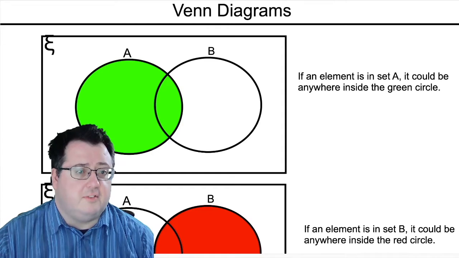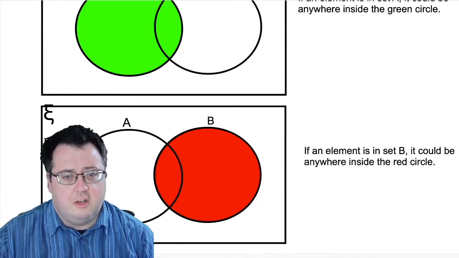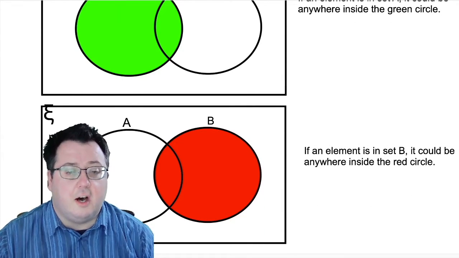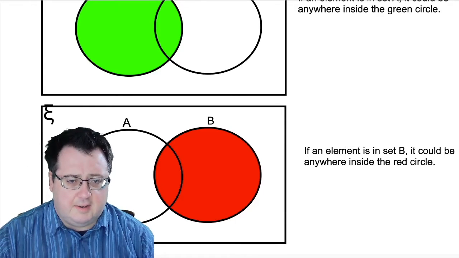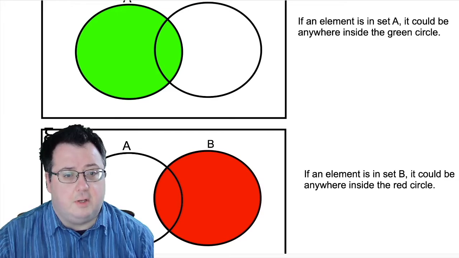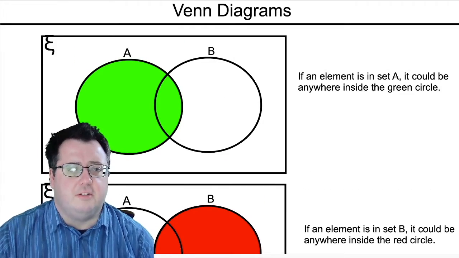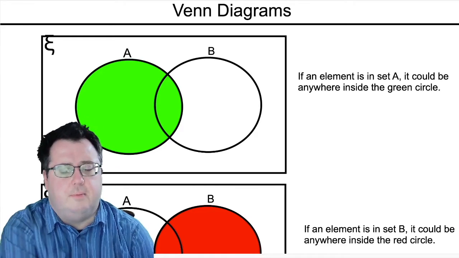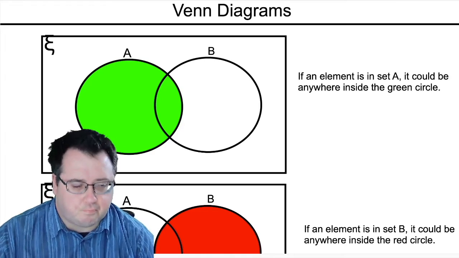You would find 5, 10 and 15 inside the circle A. And if B were multiples of 3, you'd have 3, 6, 9, 12 and 15 inside the red circle. And then there would be some overlap. 5 times 3 is 15, so 15 would be in the middle. But you get the point. It depends on what you define the universal set to be for what is going to be inside the groups.